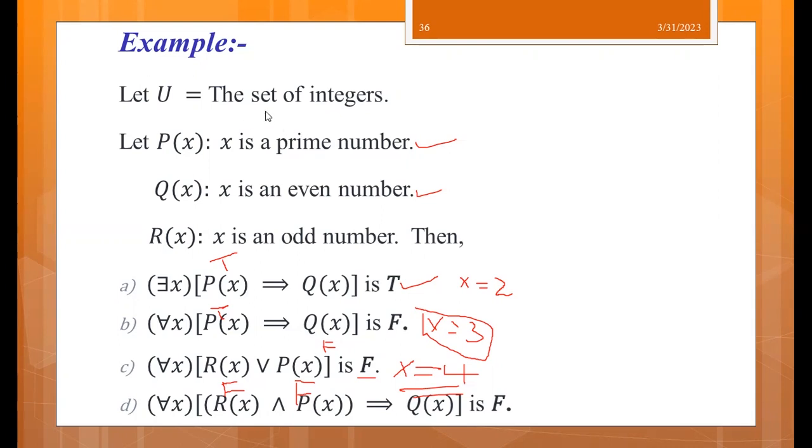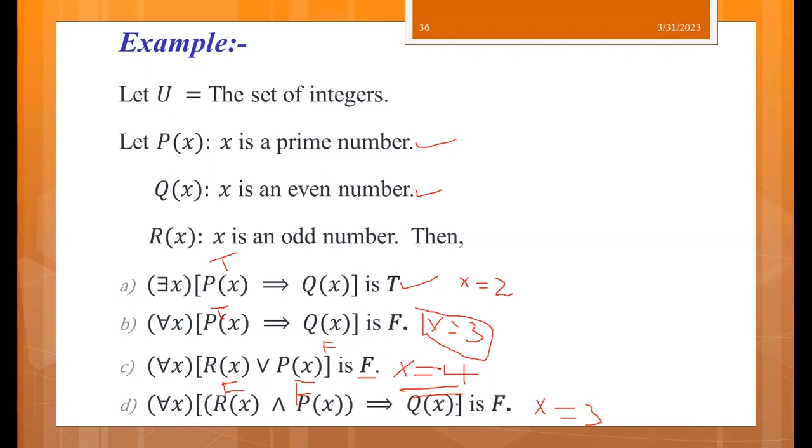An integer which is both prime and odd could be, for example, x equal to 3. 3 is a prime number because it has only 2 factors, and it is also an odd number because it is not a multiple of 2. Therefore, r of 3 and p of 3 is true.